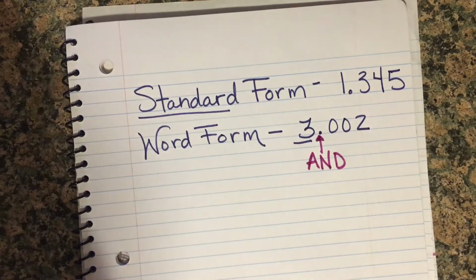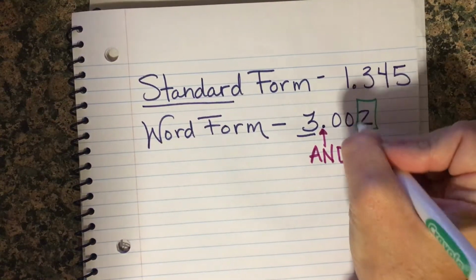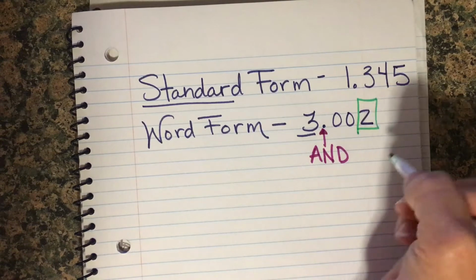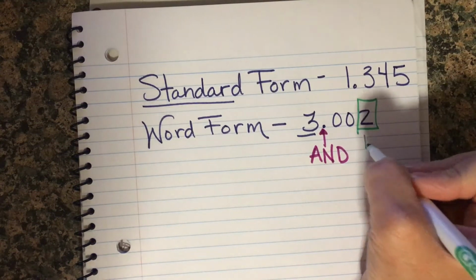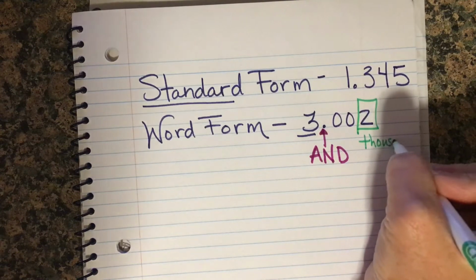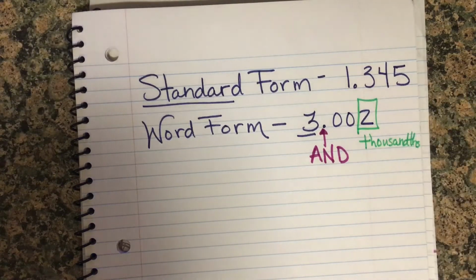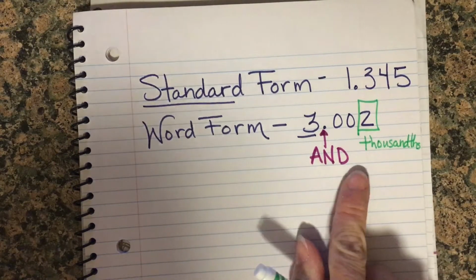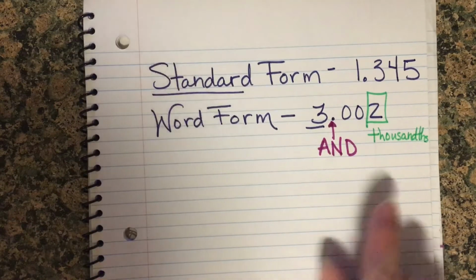Then you read whatever comes after the decimal, and the place value spot that you end with is what you say at the end. This 2 is in the thousandths place, so I'm going to say 3 and 2 thousandths. And this is super important because if you don't know how to say it right, you can't write it in word form, and all of these will be wrong.